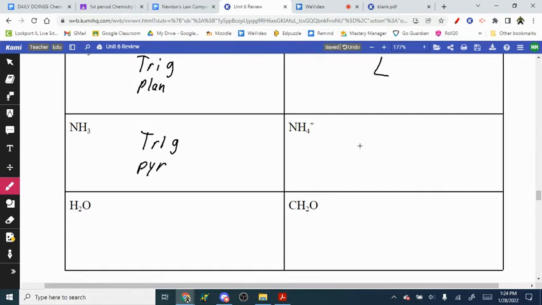NH4 has 4 bonding domains and 0 non-bonding domains, so that's going to be tetrahedral. H2O has 2 bonding domains and 2 non-bonding domains, so that's going to be bent. CH2O has 3 bonding domains and 0 non-bonding domains, so that's going to be trigonal planar.